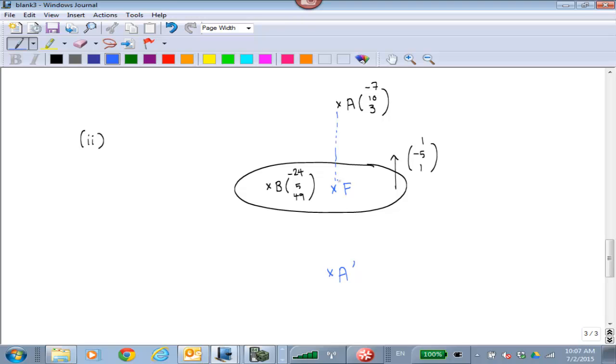The way that I like is, I am going to get the line AF. Do you know how to get the line AF? Look at my picture. What is the equation? Minus 7, tan 3 plus C 1 minus 5, 1.